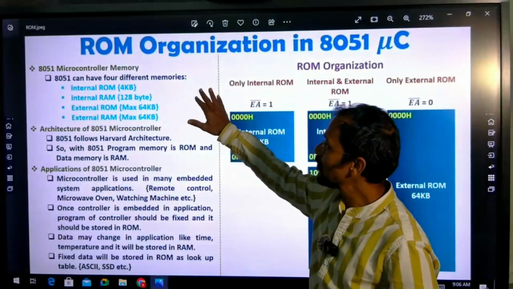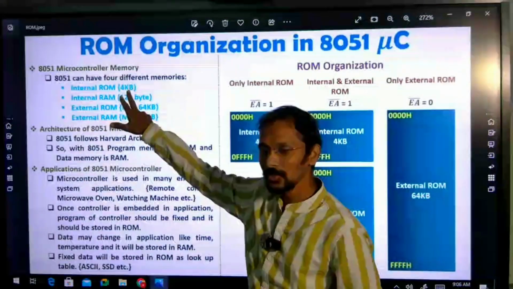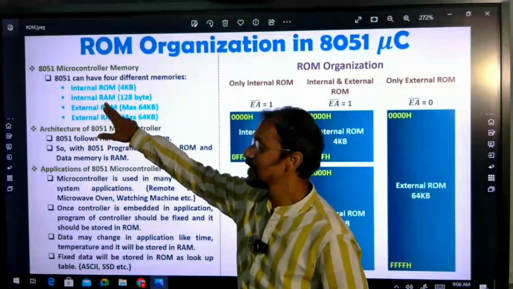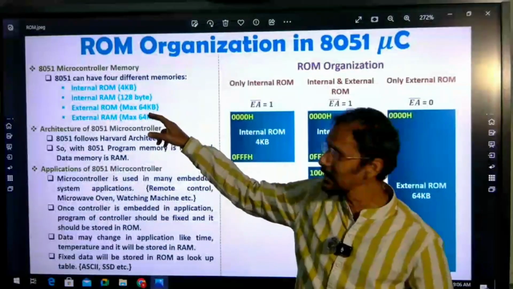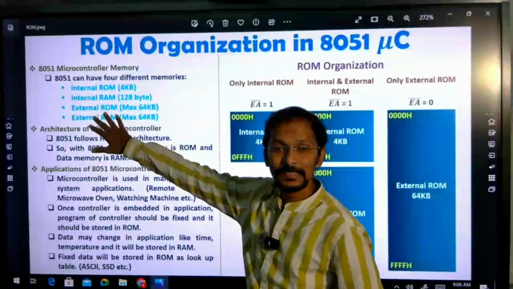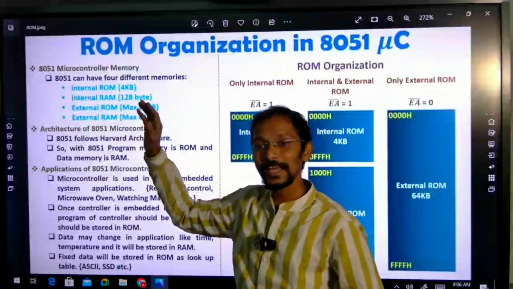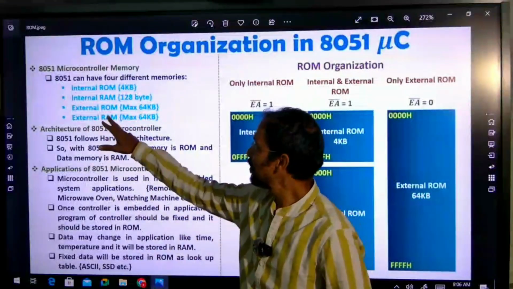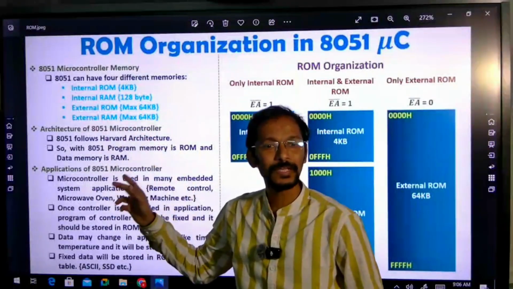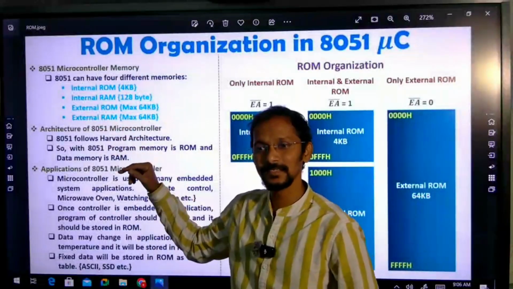The 8051 microcontroller has different memories: internal ROM, which is 4 kilobytes, and internal RAM, which is 128 bytes. Then ROM and RAM can be extended externally, maximum 64 kilobytes, both RAM as well as ROM.